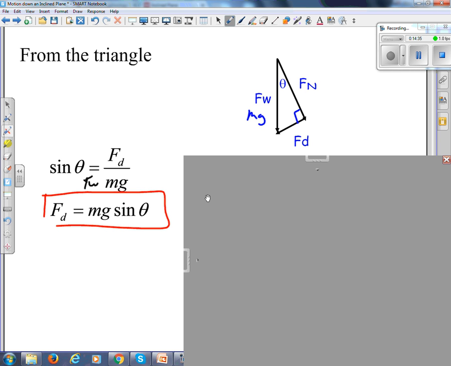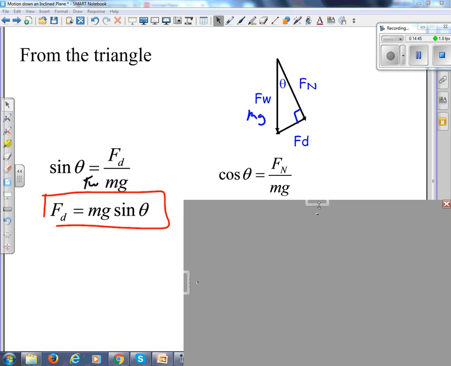Okay, so what's going to be Fn? What's this one going to be? It's just going to be cos. Cos theta is equal to Fn over mg, adjacent over hypotenuse.